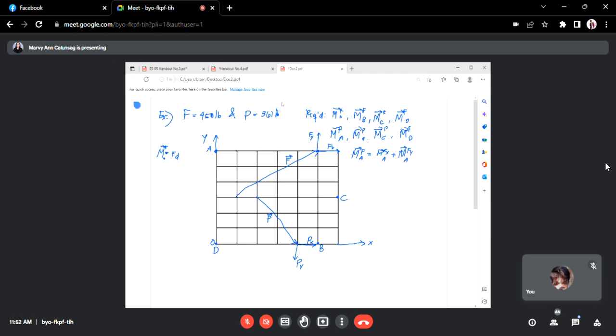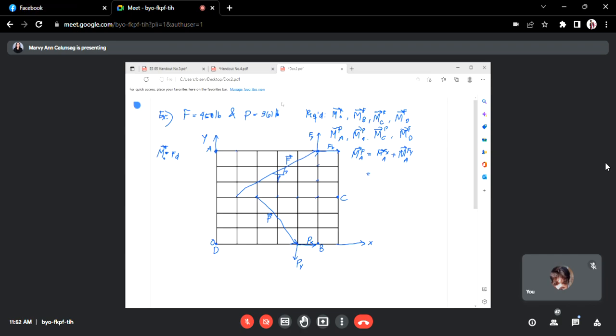So what we will do is get the values of Fx and Fy. Since each cell is one unit, what is the slope here? 1, 2, 3, 4, and 1, 2, 3.